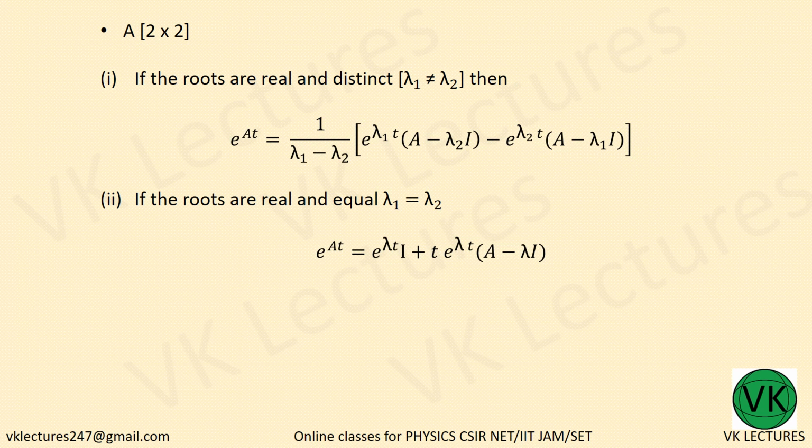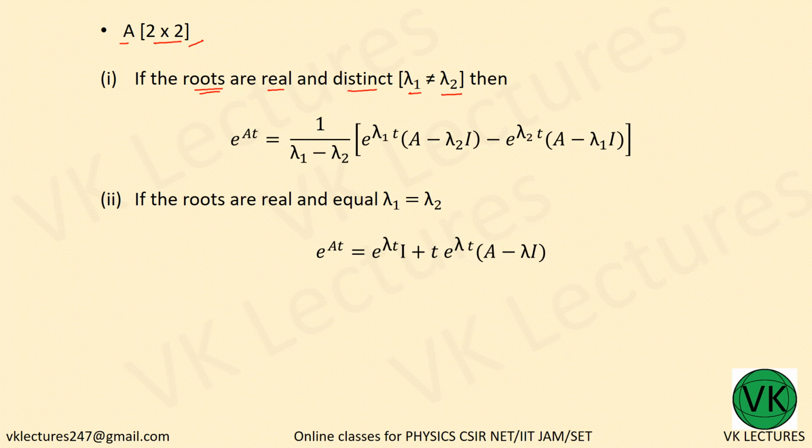Here we have a 2 by 2 matrix A. If the roots are real and distinct, by roots we mean the eigenvalues lambda 1 and lambda 2, since it is a 2 by 2 matrix we have two eigenvalues.